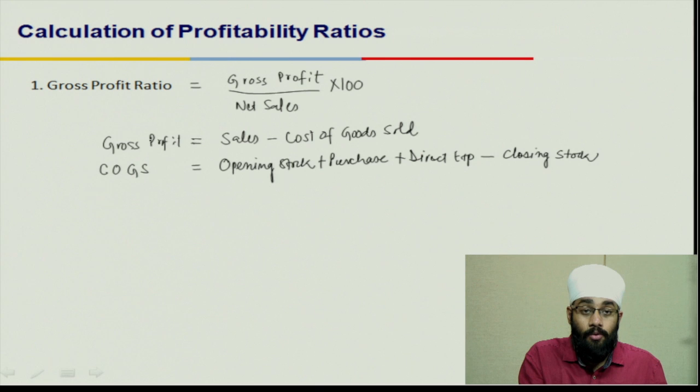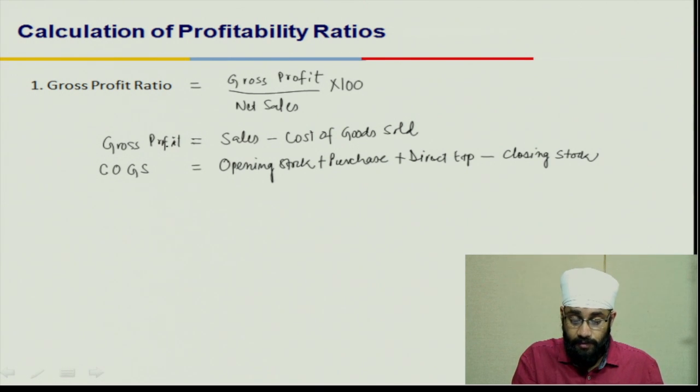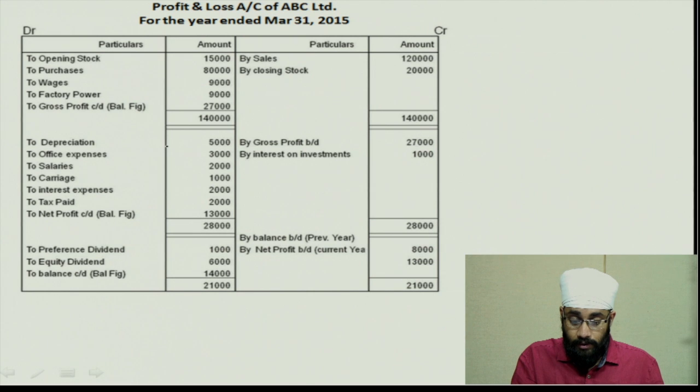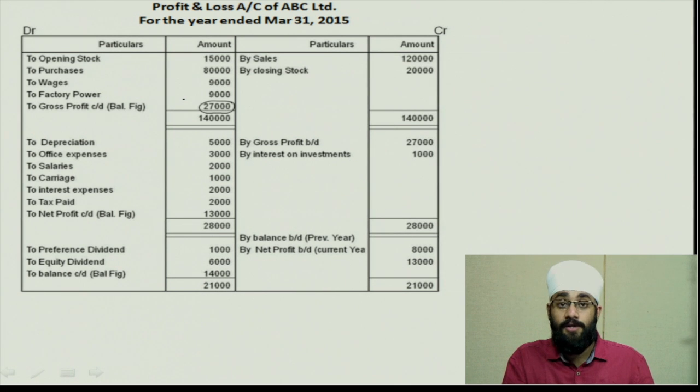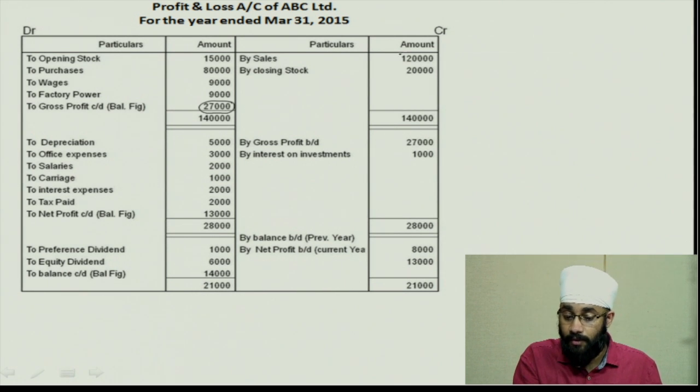Now we can go to the income statement of this company and figure out the amount of gross profit. Here you have been given the amount of gross profit equal to 27,000. It has been calculated for us already, so we do not need to worry about how to calculate this figure. But if that is not the case, you may be given the amount of sales, so you will have to deduct the cost of goods sold from the amount of sales.